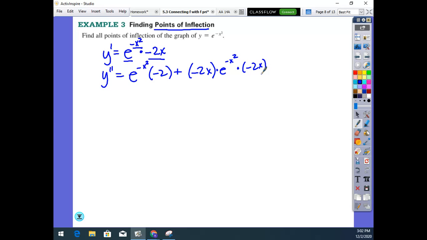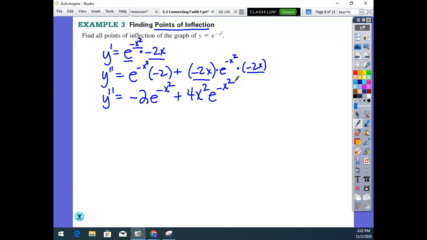So that's kind of a hot mess, right? But once again, let's simplify this down just a little bit. Negative 2e to the negative x squared. Then negative 2x times negative 2x is plus 4x squared e to the negative x squared.